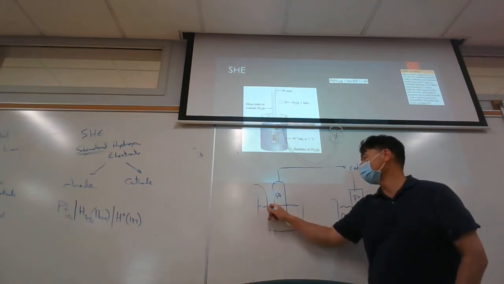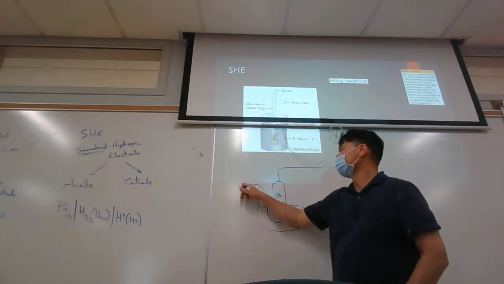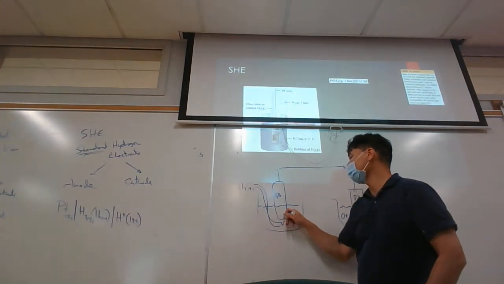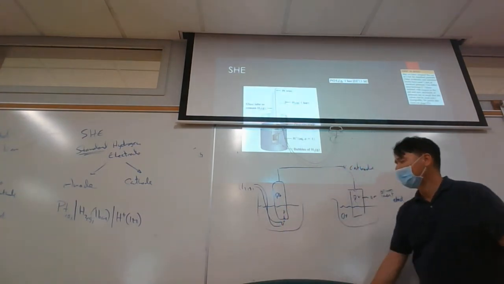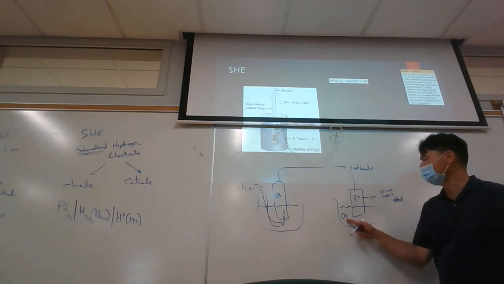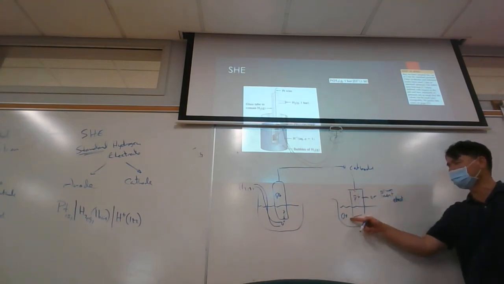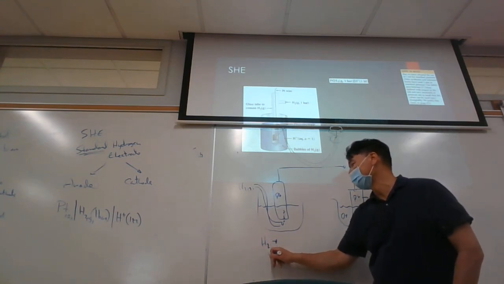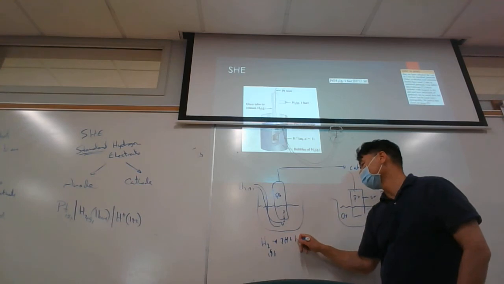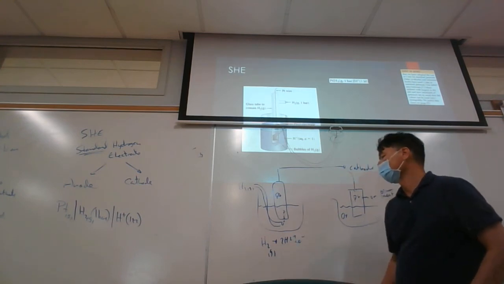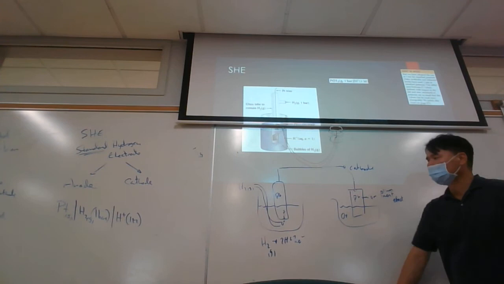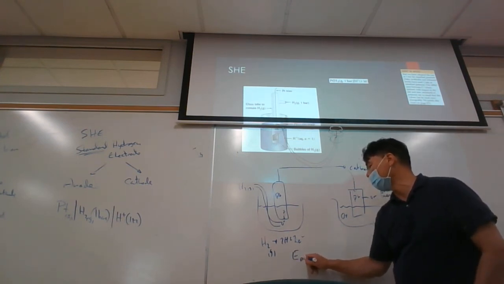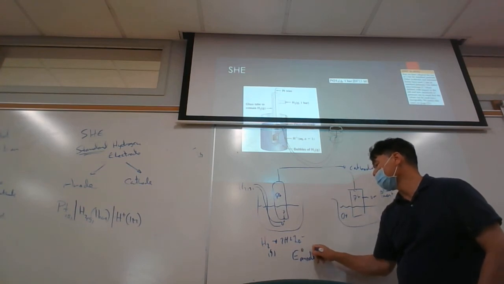But if we're bubbling hydrogen gas in here, and so we'll take H2 gas at 1 bar, and we bubble hydrogen gas, the hydrogen gas is going to come into contact with the platinum. As soon as the hydrogen touches the platinum, then the oxidizer over here is successful in pulling the electrons over. And so over here at this electrode, we're going to have hydrogen gas goes to 2H plus 2 electrons. And so the potential for this is what we call the anode potential under standard conditions.